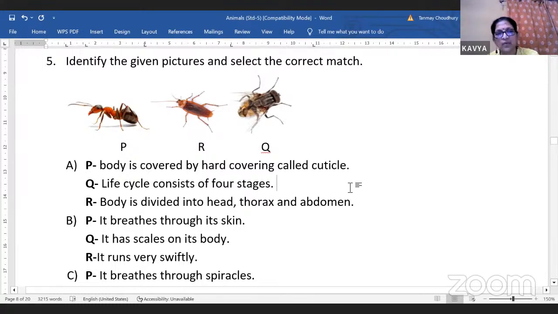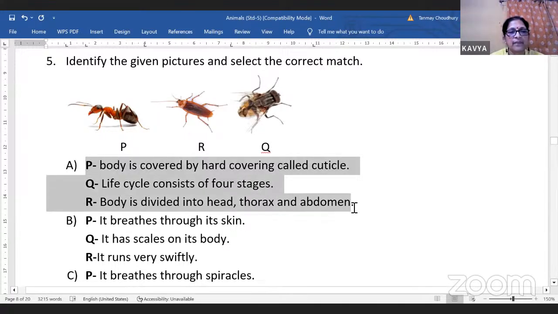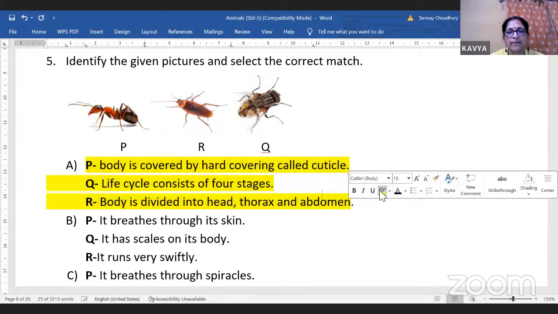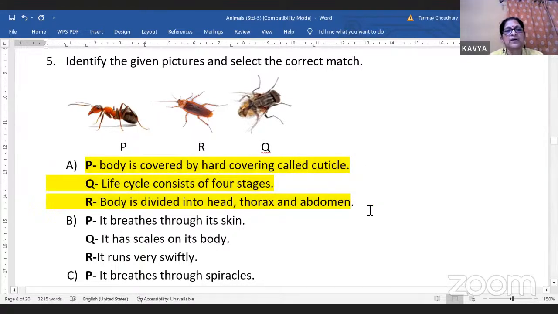Let me see what you have answered. No answers so far. Okay, so this will be the answer. The body of the ant is covered by a cuticle. Cuticle is the exoskeleton.